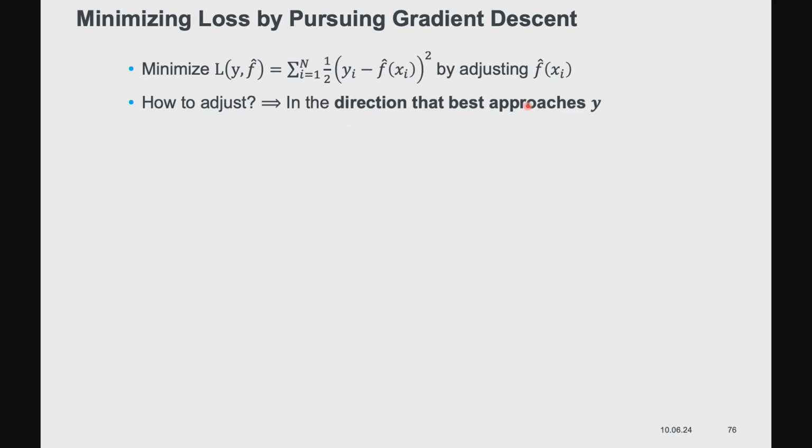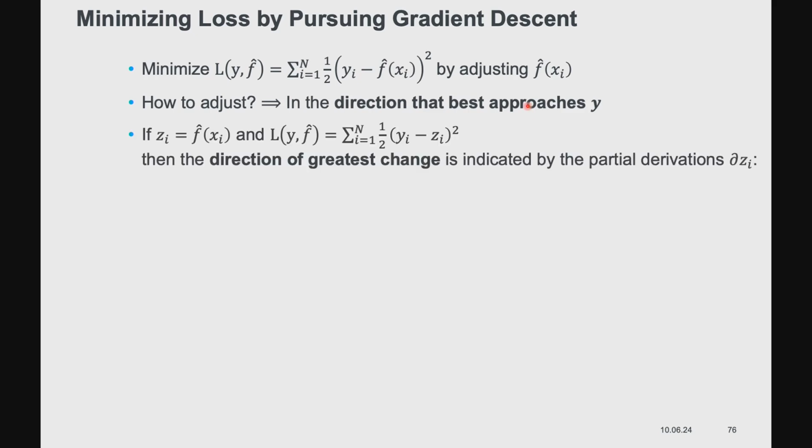Well, in the direction that best approaches the y. What is the best direction? So let's assume our f hat of xi at a particular data point is called zi. Then our loss is described by the difference between yi and our zi, squared.